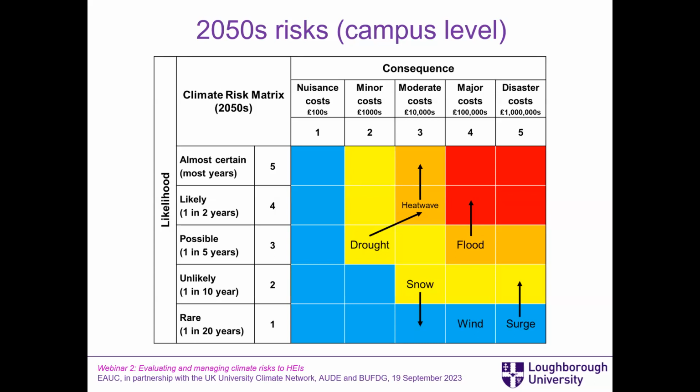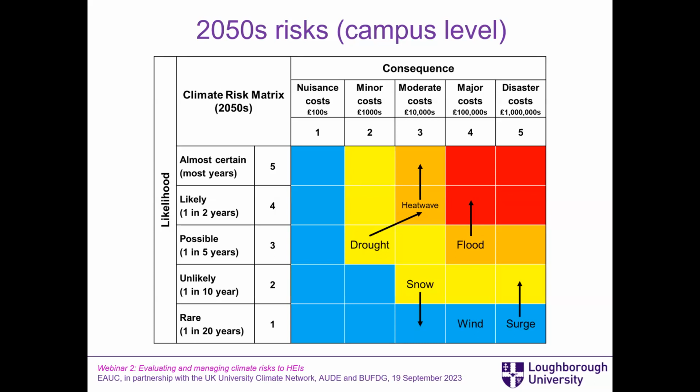So droughts become more frequent, heat waves, floods, and storm surges become more frequent. So they're moving up a likelihood scale. Snowstorm becomes less likely, so it goes down, and windstorm, perhaps the scientific evidence around the projections is too vague or uncertain for us to say how that might change, so we keep that the same.